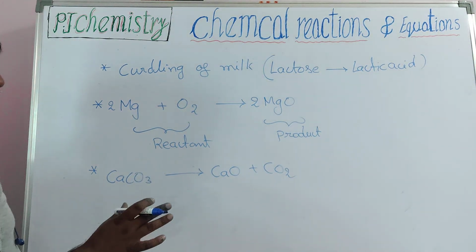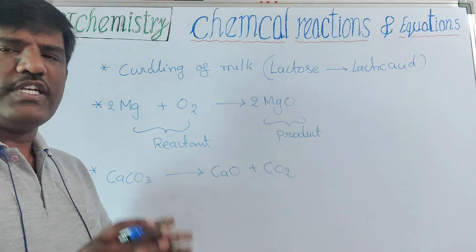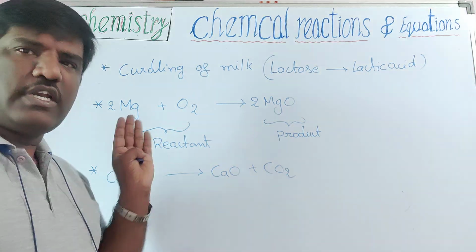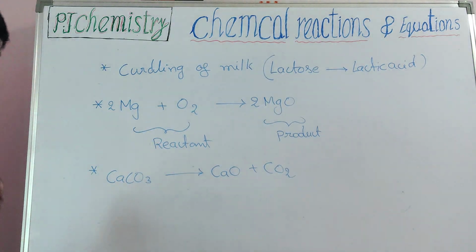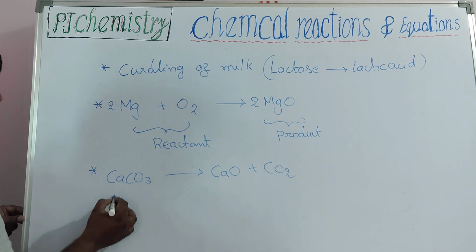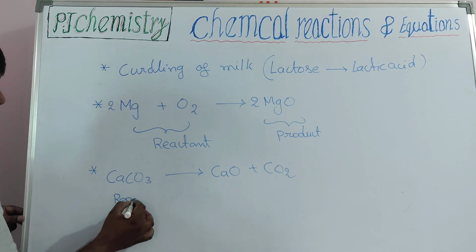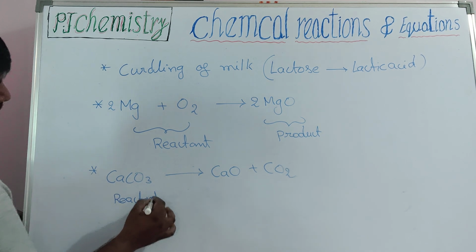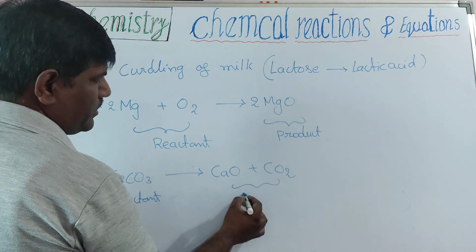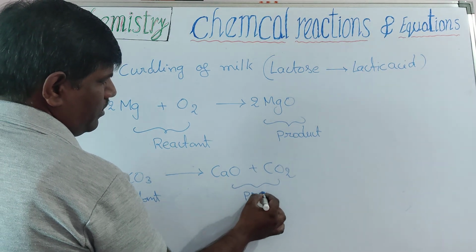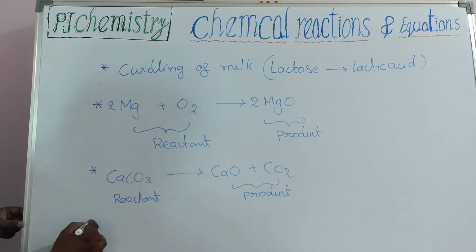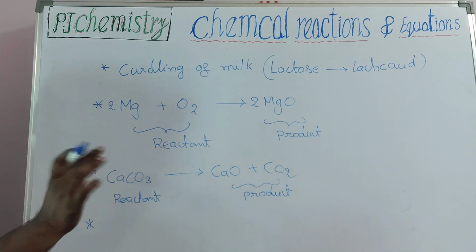But for the 10th board they won't ask about reversible reactions; I am just going through the related 10th class equations. Calcium carbonate is the reactant. The products are calcium oxide and carbon dioxide. Like this, first you have to identify which is reactant and which is product from the equation.